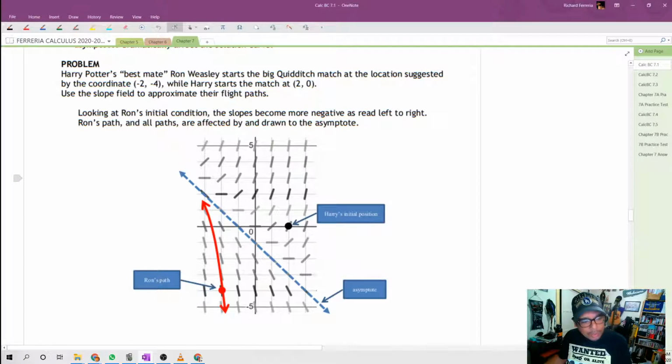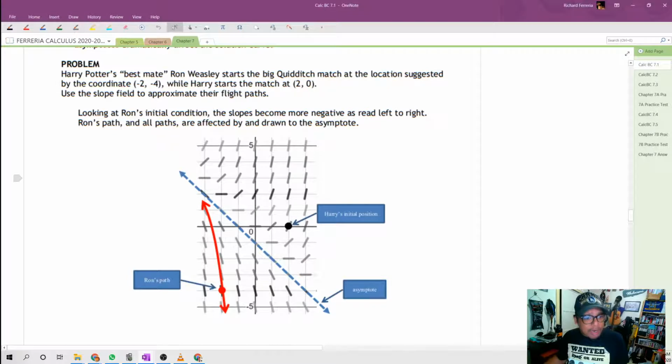So that is why you see this part getting more and more negative. That means if we go from right to left, the slope should become less negative. So this is bending to be less negative and approaching the slant asymptote. So that's what's happening with Ron.